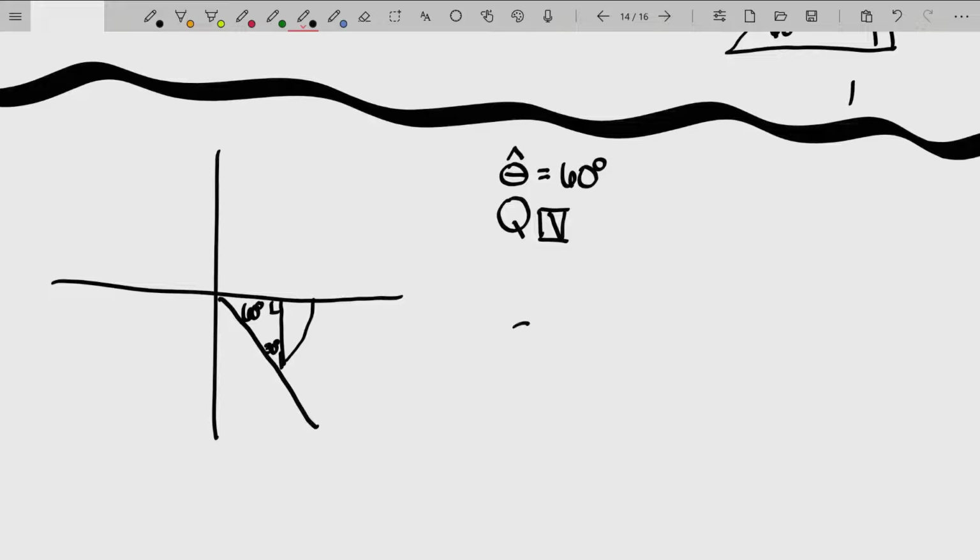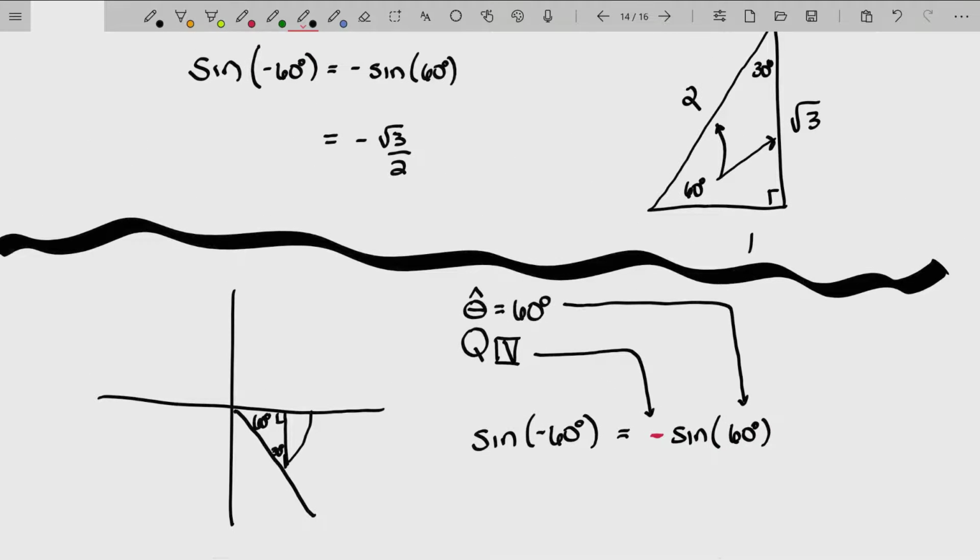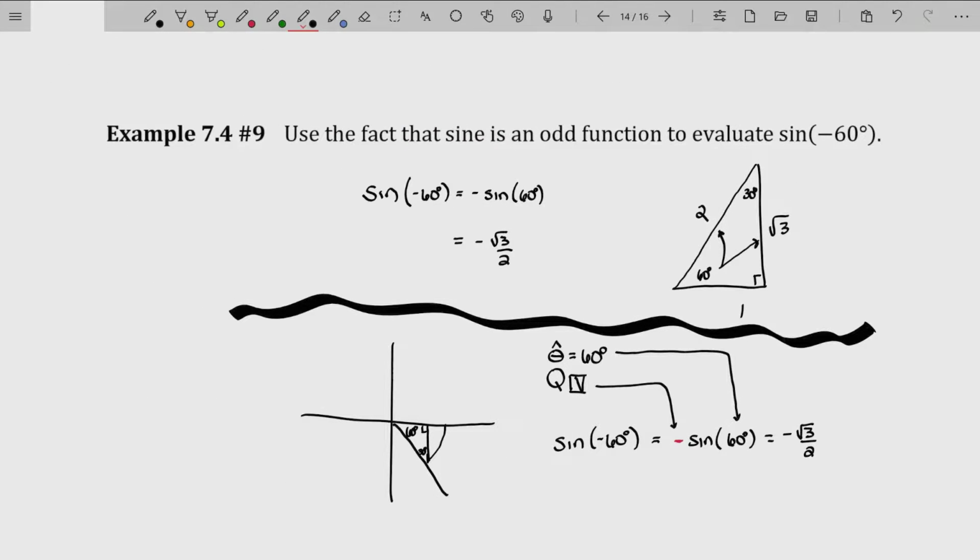So if we were asked to find the sine of that negative 60 degrees, I would use the quadrant to let me know that, well, in quadrant 4, sine is negative. And then I would evaluate, instead of the sine of negative 60 degrees, the sine of the reference angle. And 60 degrees, its sine is root 3 over 2. And so again, this ends up being negative root 3 over 2. Same answers. And if you're not told which tactic to use, you could use either.